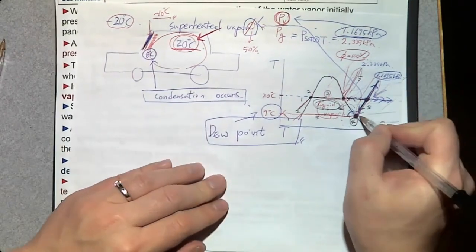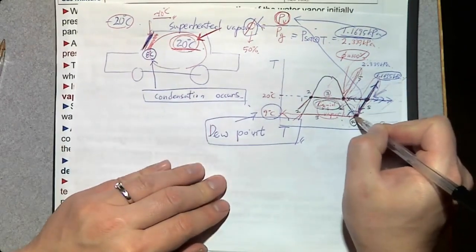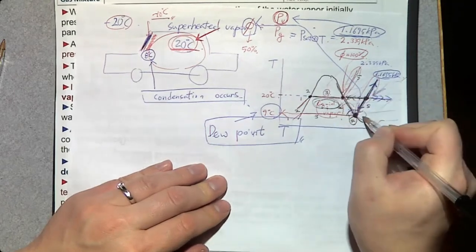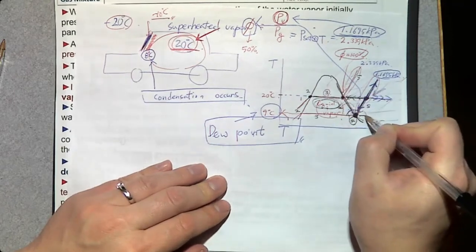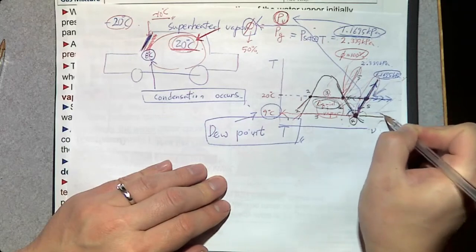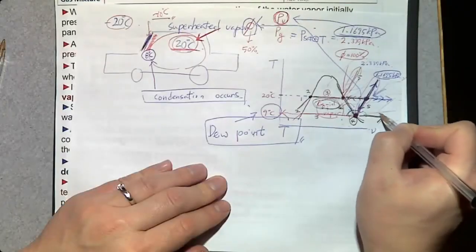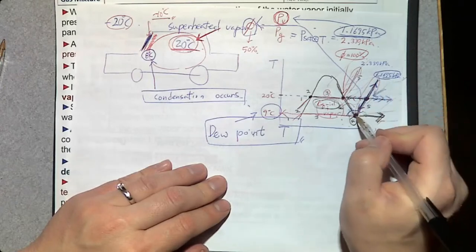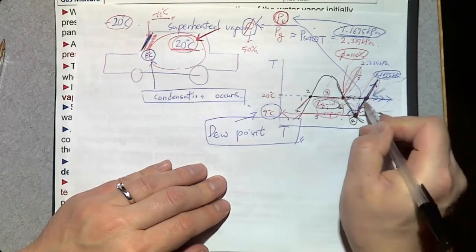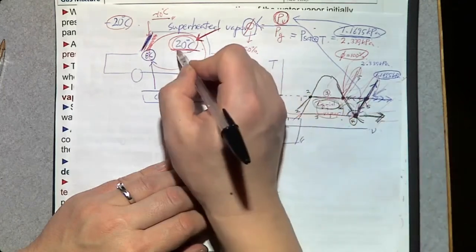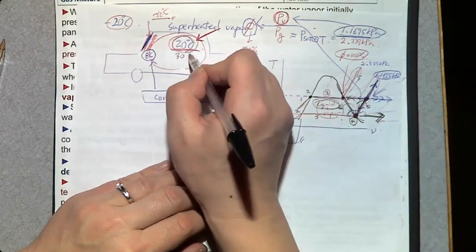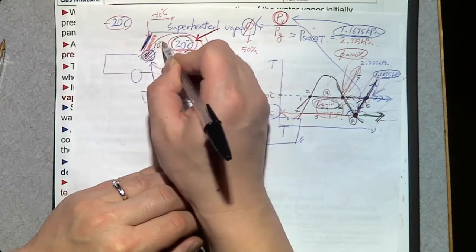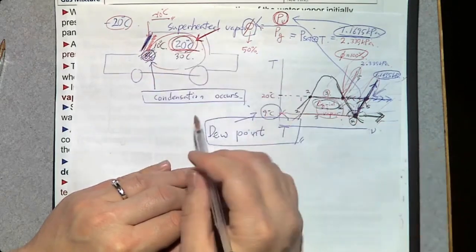So if that happens, what do we need to do to remove the fog on the windshield? We need to cross the saturation line again. What we can do is remove water vapor by using the air conditioning system, or we can increase the temperature even higher than 20, maybe 30 or something. So the temperature near the windshield can go above this dew point temperature.